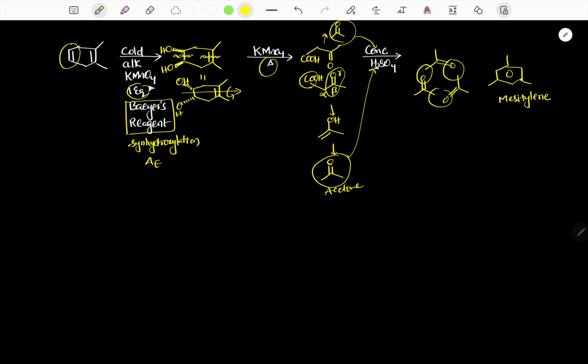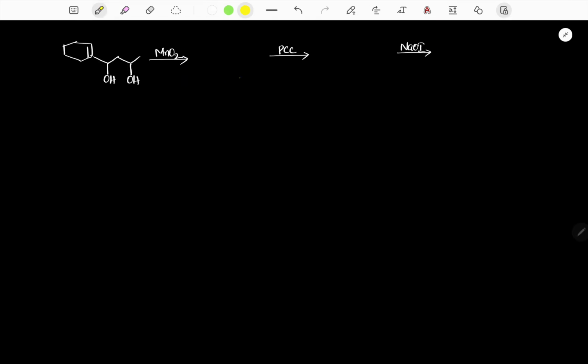The first reaction is syn hydroxylation with Baeyer's reagent. The second reaction is oxidation with KMnO4, and the third reaction is aldol condensation. Here MnO2 is present. In the entire organic chemistry, when MnO2 is used, according to our syllabus we have oxidation, and the specialty of MnO2 is that it oxidizes only allylic and benzylic alcohols.